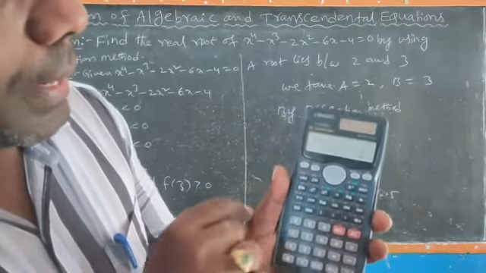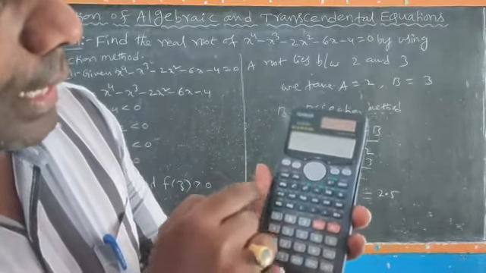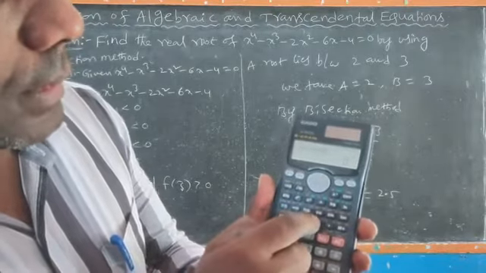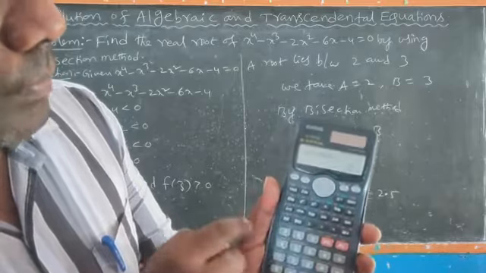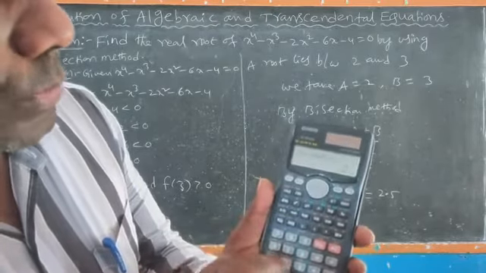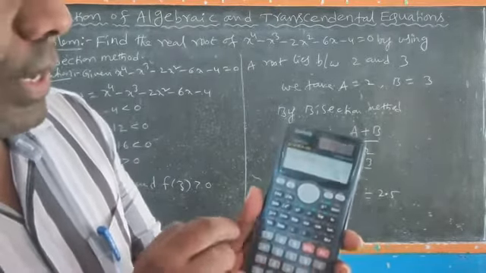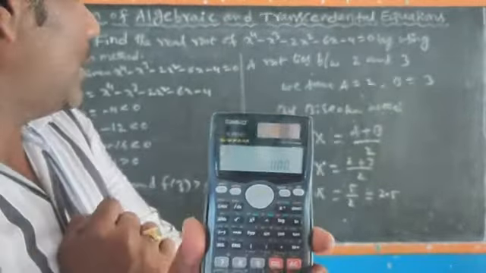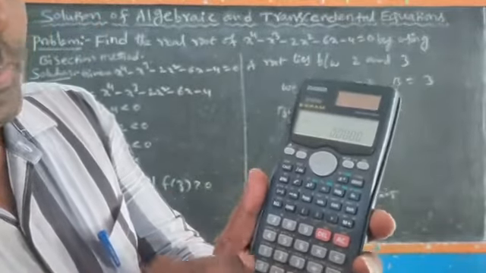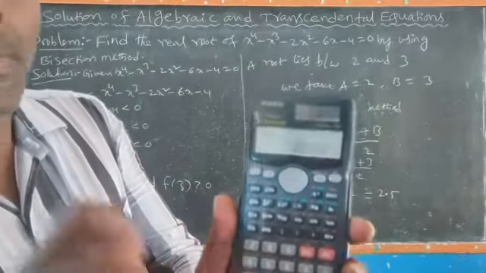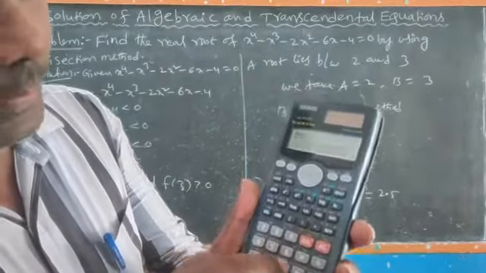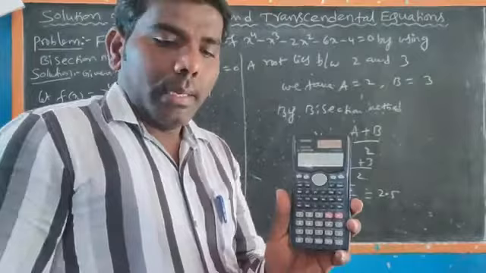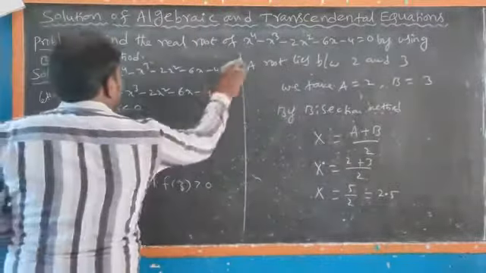Next, open bracket Alpha a plus Alpha b, close bracket, divided by 2. Now the calculator asks: what is a? A is 2, equal to. Next what is b? B is 3. Finally what is x? 2.5.